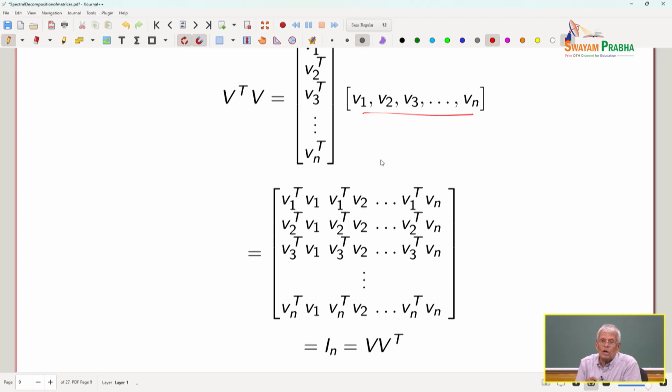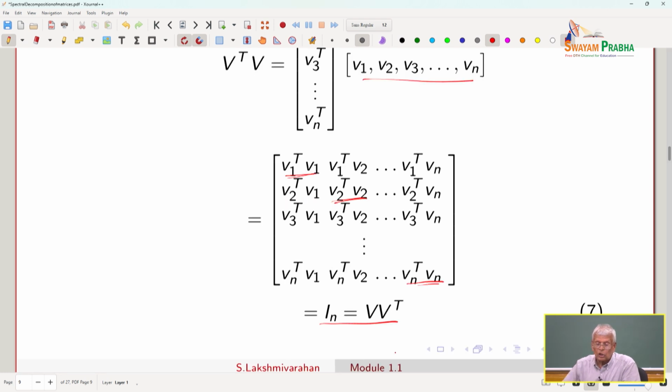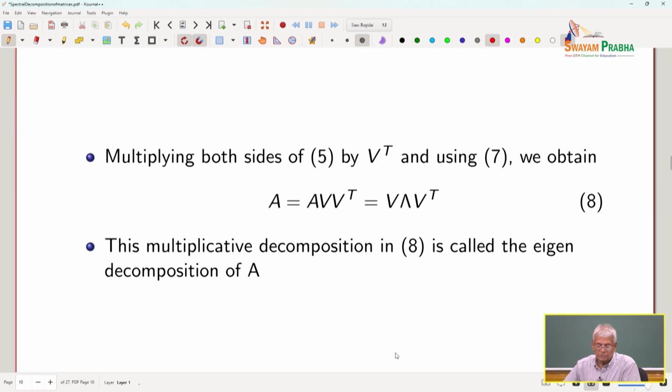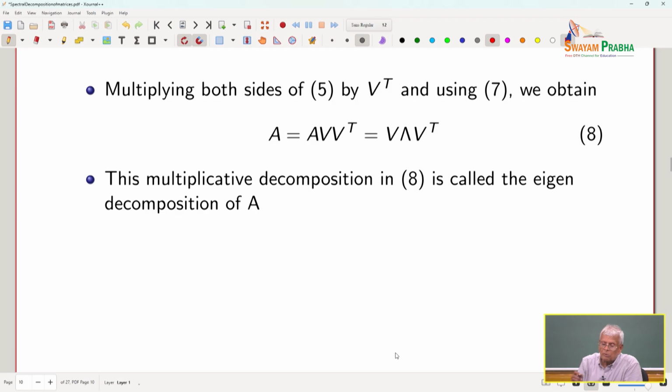Because of the orthonormality, the diagonal entries are all 1 and the off-diagonal entries are 0. So this is the identity matrix. You can also verify this for V V transpose. Multiplying both sides by V transpose and using 7, we now see A is equal to A V V transpose, which is V lambda V transpose.